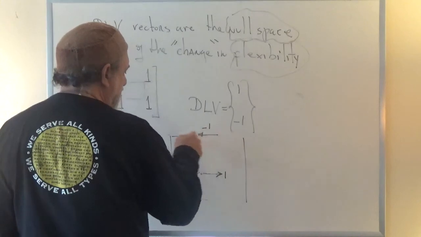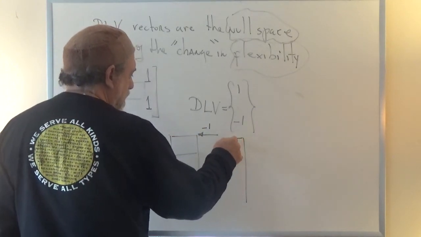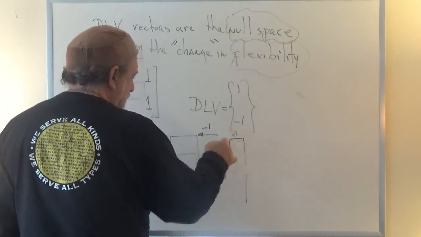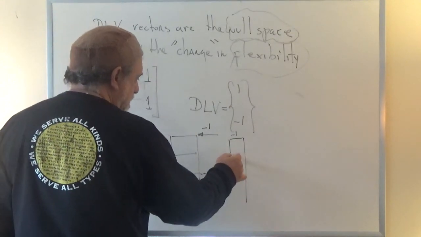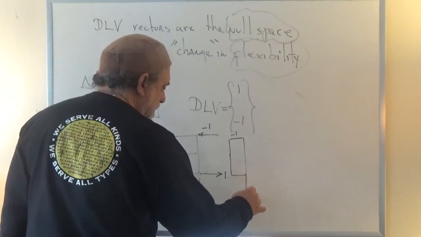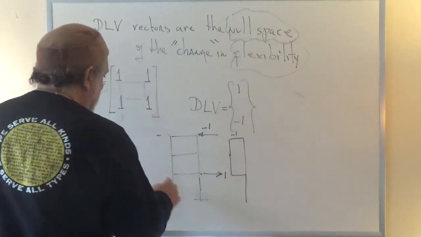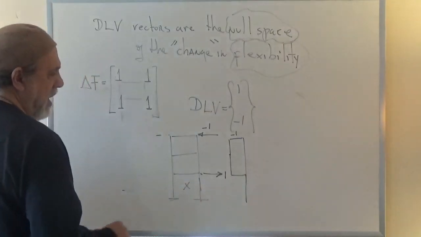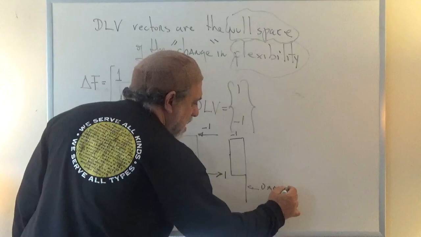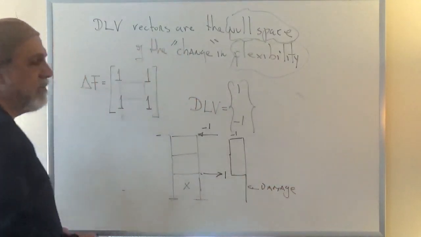So we start and we say, what is the shear on the roof? I mean, on the 3rd level, minus 1. And on the 2nd level, minus 1. And on the 1st level, 0. Now, if you remember, the damage was here, and we have identified that the damage is, in fact, in the 1st level, right?